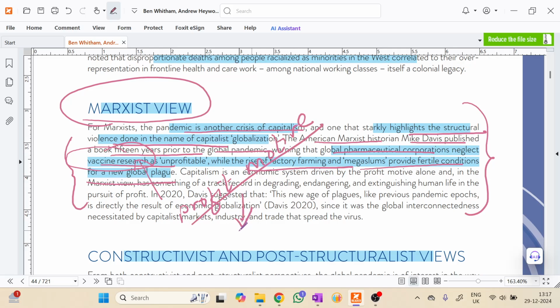The first one is that any pharmaceutical corporation, any pharma company, can undertake a research project not out of benevolence, not out of public welfare, but from the profit motive.